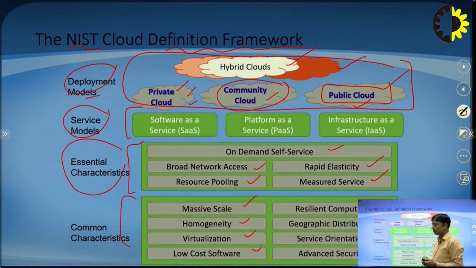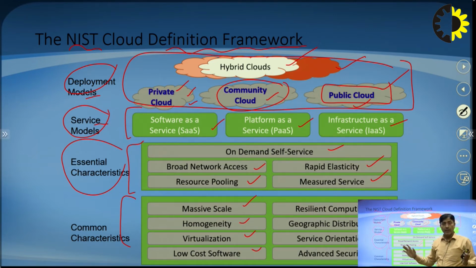And then there is the service model, and it has three types of services. This is a very common, very useful and very important thing, that each and every service provided by the cloud can be categorized in three categories. Okay, and later on some more categories are also there, like security as a service, storage as a service, network as a service.